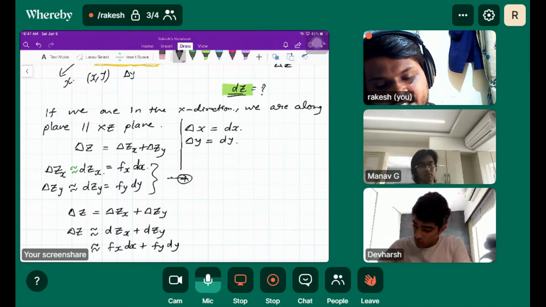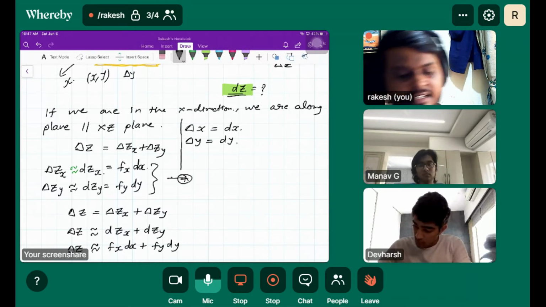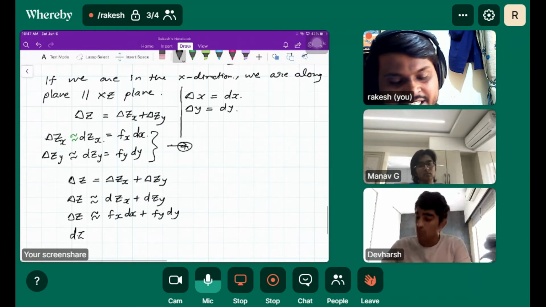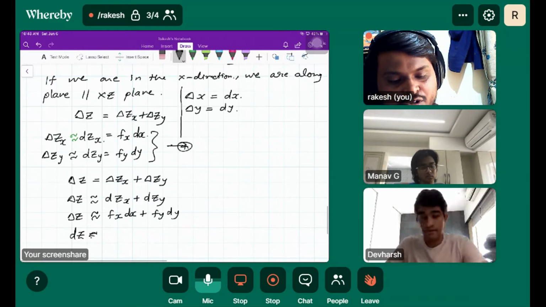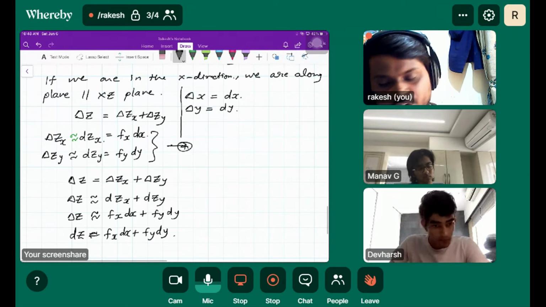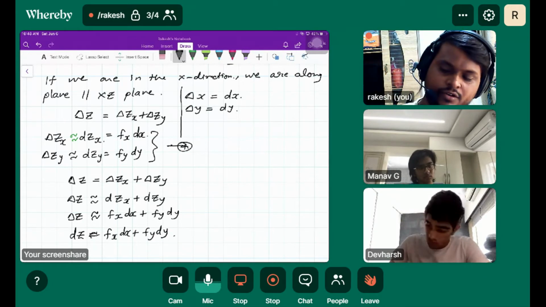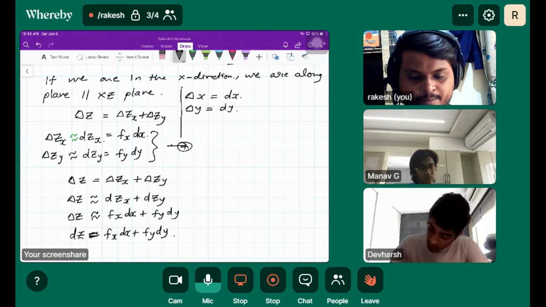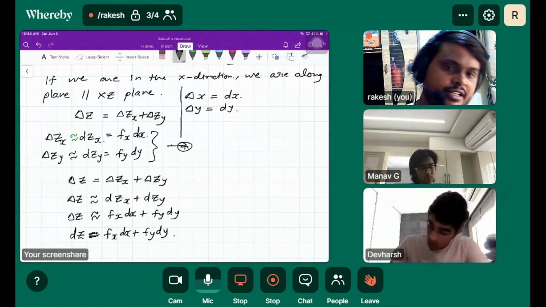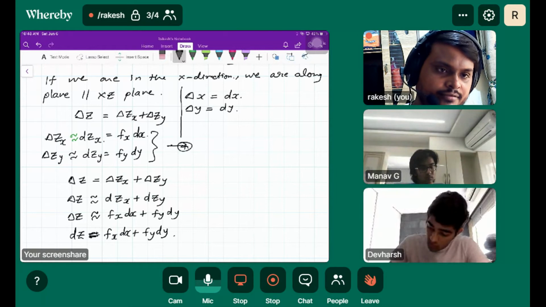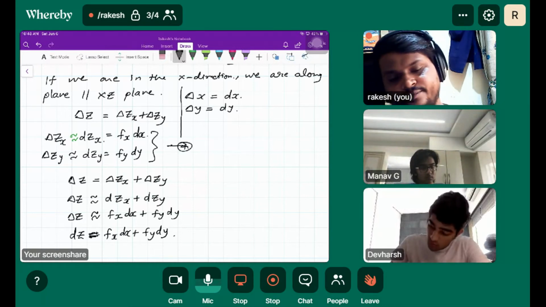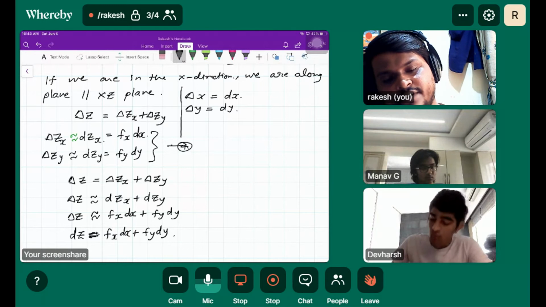And since this is delta z, now delta z can be replaced by dz. So dz is approximately equal to fx dx plus fy dy. This is what we call the approximate change in the height of the curve, or the height of the surface, or the differential.